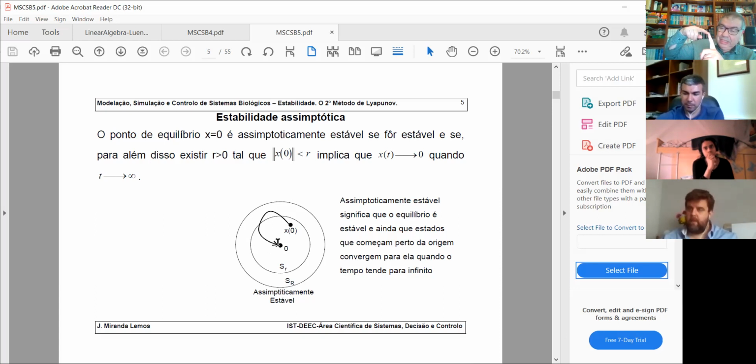Asymptotic stability means that when I'm perturbed, I not only don't go too much away, but I return to the equilibrium asymptotically. When time goes to infinity, I will reach the equilibrium again. So asymptotic stability means stability and return to the equilibrium.